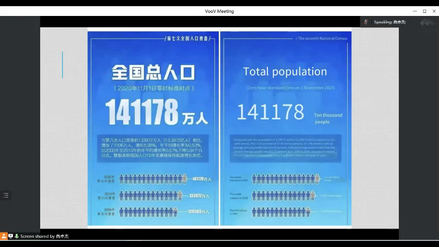Let's take a look at this picture. One picture is in Chinese, and the other is translated into English. I used a translator to translate it, so it should be correct. You can check it. From this picture, we can get the date of the 7th national census. This is the 7th, this is the 6th.